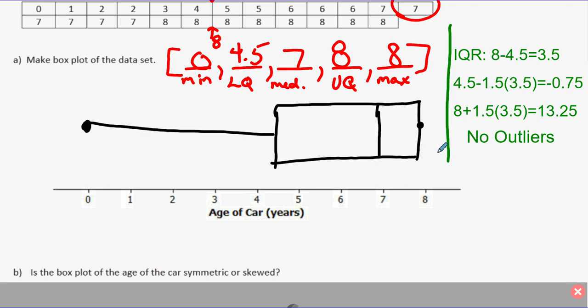But we also want to look at a couple other things. We calculated the median of the data, but we need to know the mean and the mode to help secure what we think it is. Right now, it appears that it's skewed to the left, because most of the data is clustered here on the right, so it's trailing off to the left.